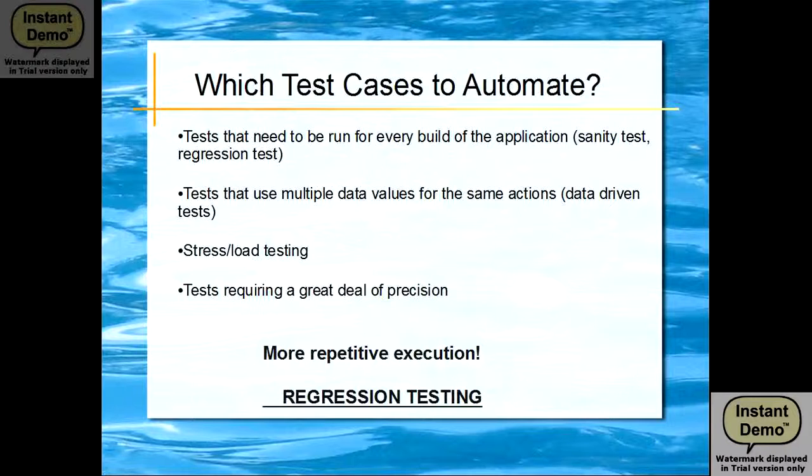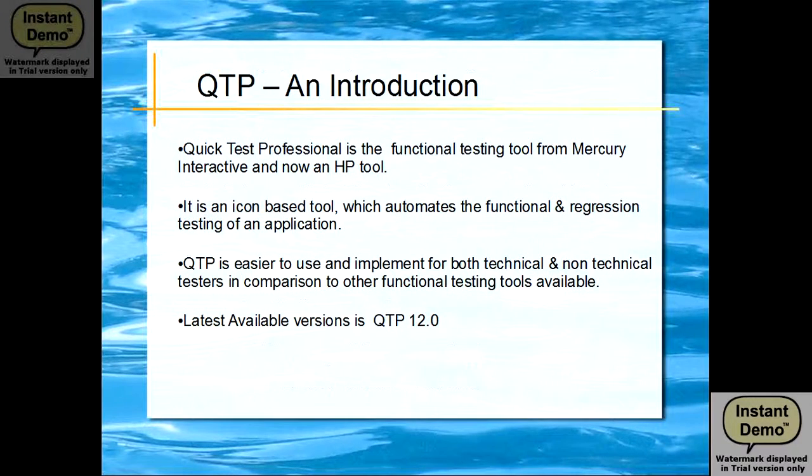So moving forward, we'll have a quick introduction of QTP, which I already told you about. It is Quick Test Professional, nowadays known as Unified Functional Testing, because this tool is designed for functional testing, so it is also known as a functional testing tool.